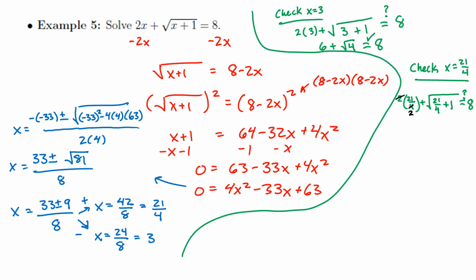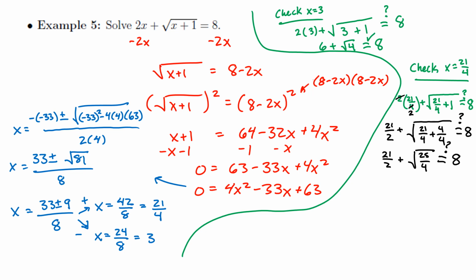And then inside here, we're going to want a common denominator. So we have 21 over 2 plus the square root of 21 over 4 plus 4 over 4. Does that equal 8? So 21 over 2 plus, so this would be the square root of 25 over 4. Does that equal 8?